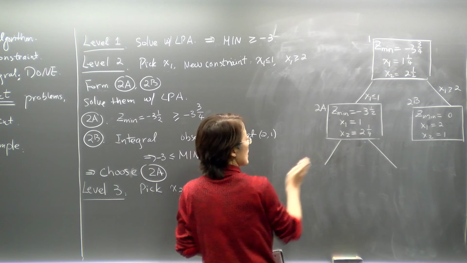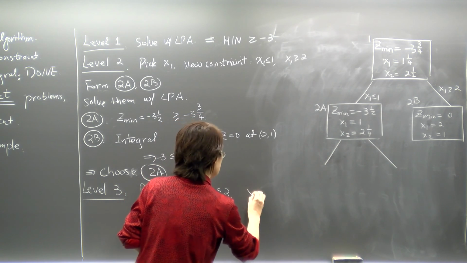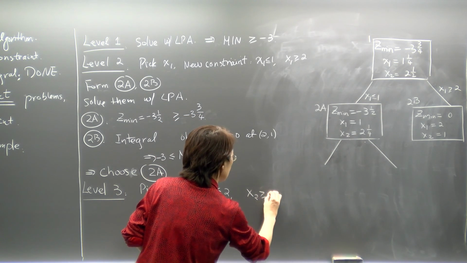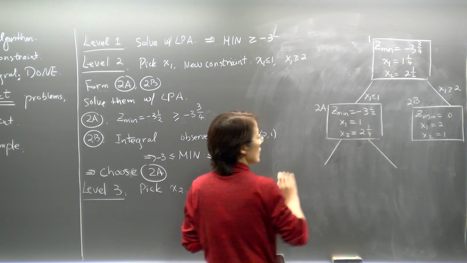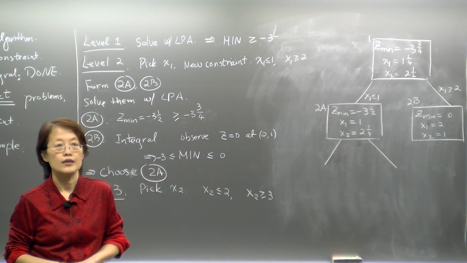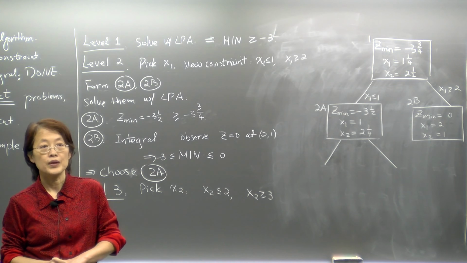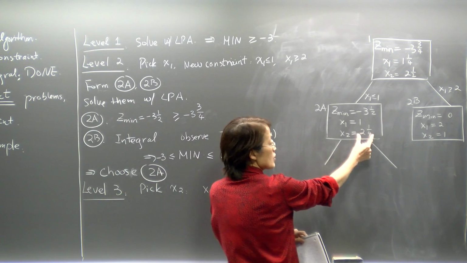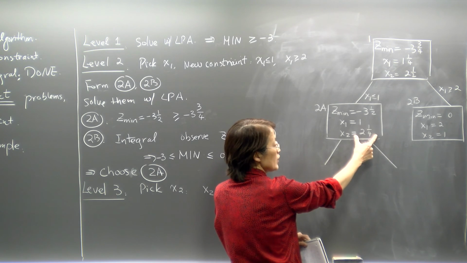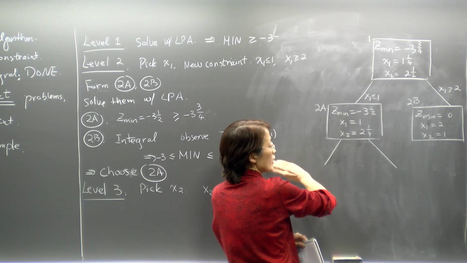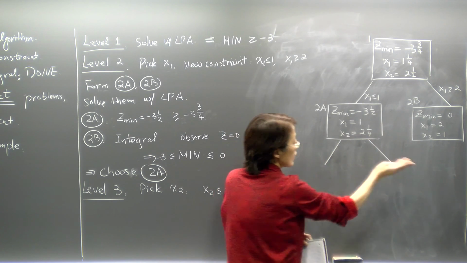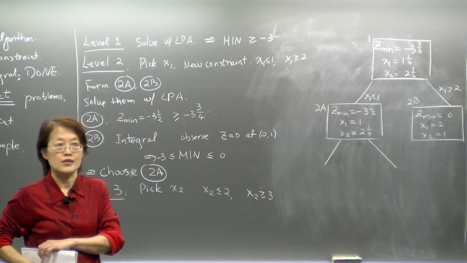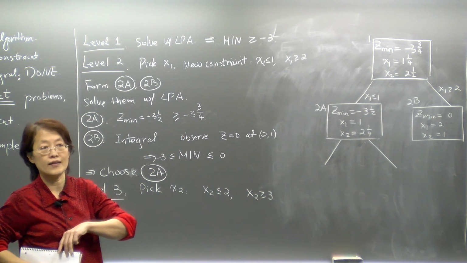So this one doesn't satisfy. And the other one, x2 bigger than 3. So this does not satisfy that constraint. Is that clear? What I'm doing every time you add the constraint is around this fractional number, you have two nearby integers, and you take the left of the smaller one and the right of the bigger one. So it does not include that number.